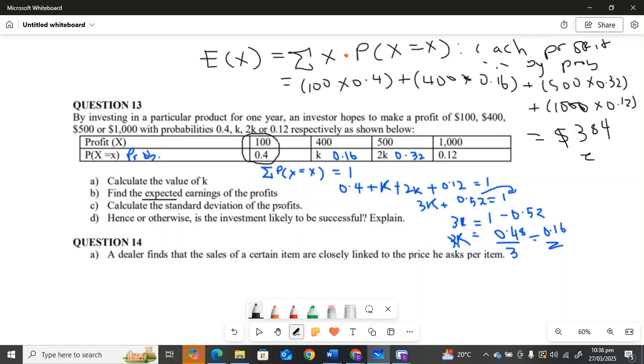But if the standard deviation is small, it means the profits will be close to each other. Maybe it can be 384, 385, 386, 387, or maybe 370. The profits won't be far away from the mean.